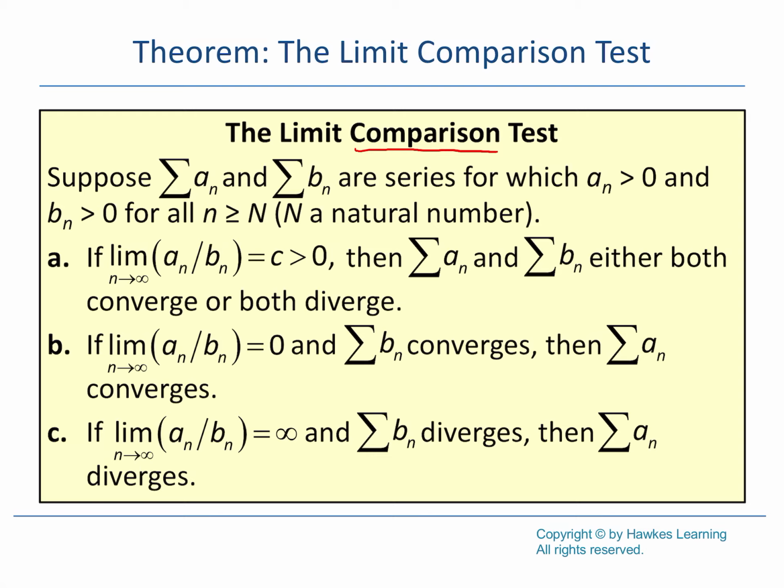So if the ratio between the terms in those series ends up approaching some constant number, then both of the series either converge or both diverge. They go together.